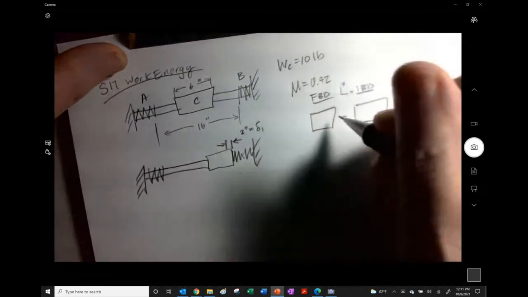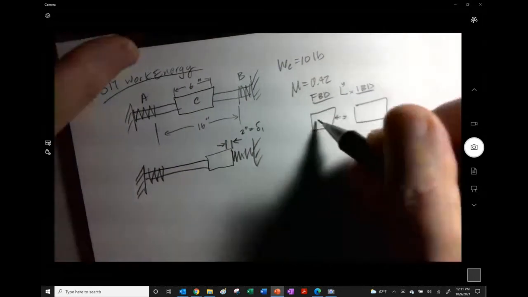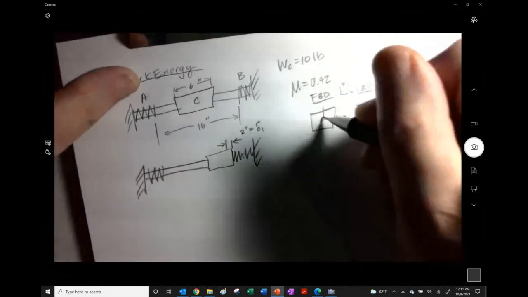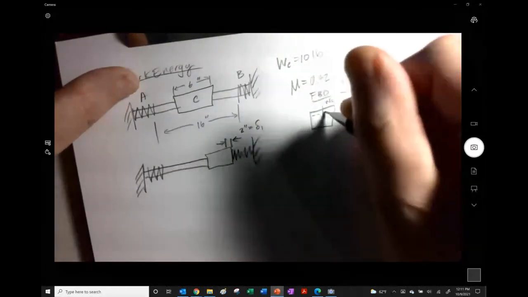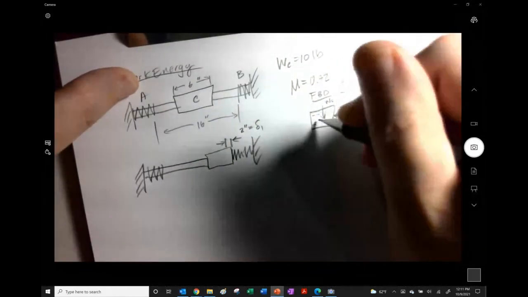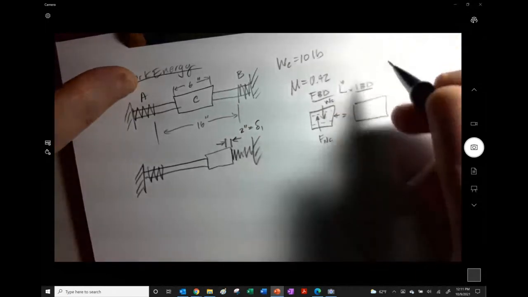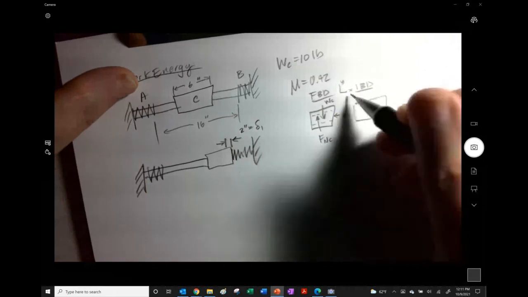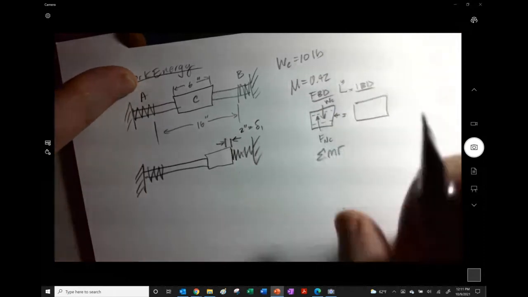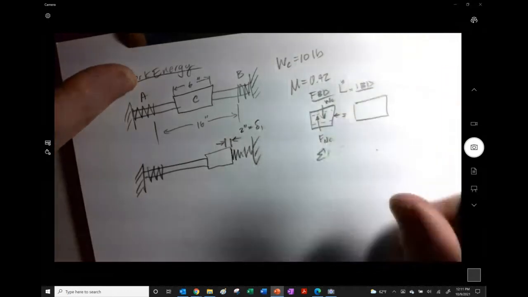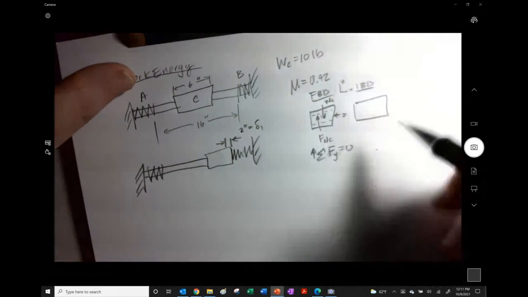It doesn't matter what the forces are that are being placed onto the thing in the X direction. All we're looking to do is get the weight of C, and then within the collar there is a normal force of C. And there's no acceleration in the Y direction, so the sum of the forces in the Y direction is equal to 0.